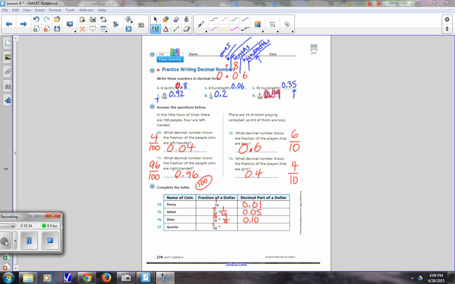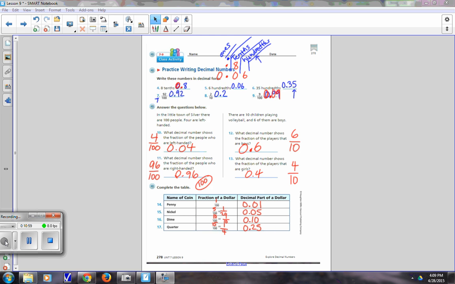And a quarter is 25 out of 100. If I divide the top by 25, that's 1. If I divide the bottom by 25, that's 4. So a quarter is considered 1/4 of a dollar, or 25/100ths.